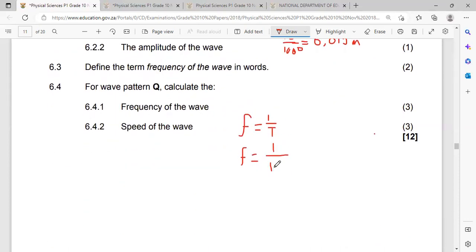And we're gonna divide that by 1.5. Our frequency is gonna be 1 over 1.5. That's gonna give us 0.67.